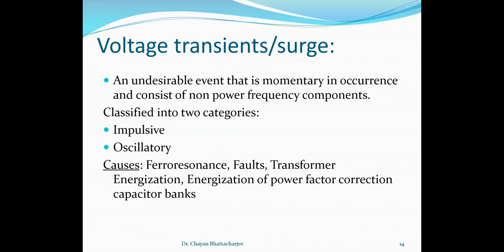The core, the iron part, gets saturated, and when it does, there are multiple operating points where the voltage and current take a very high value. Sometimes it is very high, sometimes it is low. It is chaotic in nature.